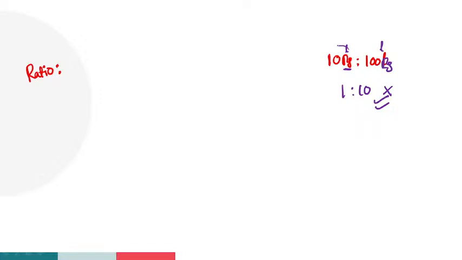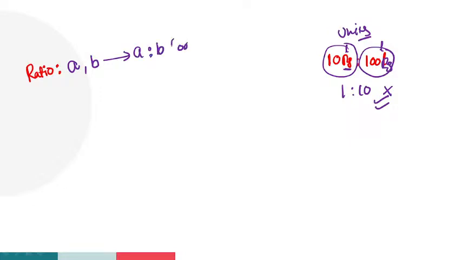Okay, so 10 rupees is one quantity, 100 rupees is another quantity. Two quantities of the same units is called the ratio. For example, for A comma B, the ratio is A is to B, or A by B, which is the same.